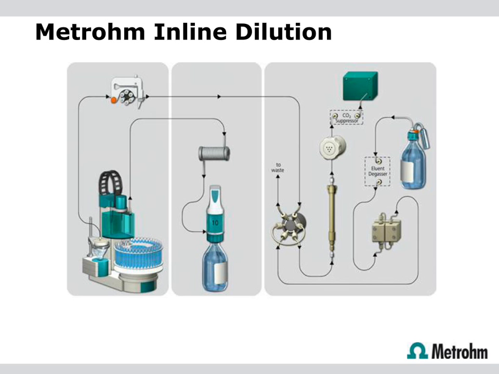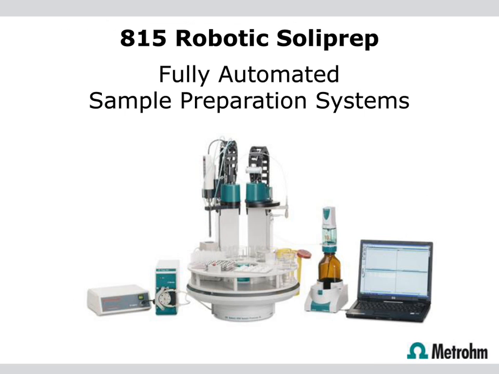So now we move on to complete robotic automation. This is really when we're looking at solid samples, of course, which we can't inject directly onto an LC or IC system. Again, these configurations are incredibly flexible. If you look at that central unit, which is the main processing unit, that sample rack has filters on it, it has vials on it, it has beakers, it's got syringe filters.